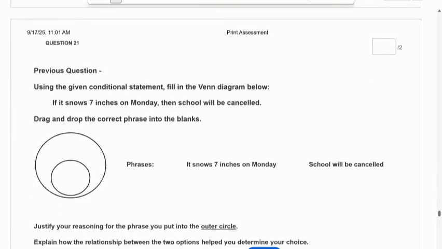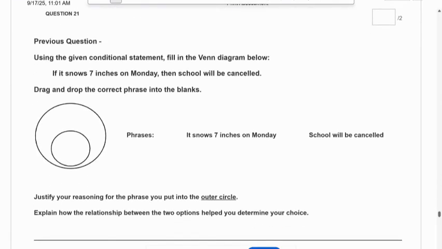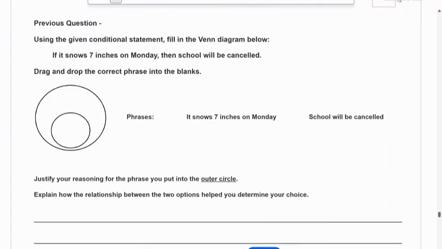All right, now number 11 says refer back to the previous question, and remember we put P, the hypothesis, in the little circle, and we put Q, the conclusion, in the big circle.